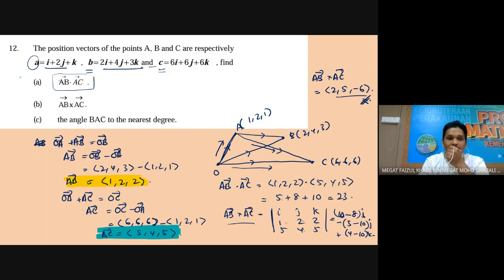Now find the angle BAC to the nearest degree. So I need the angle BAC. We are going to use the dot product rule.